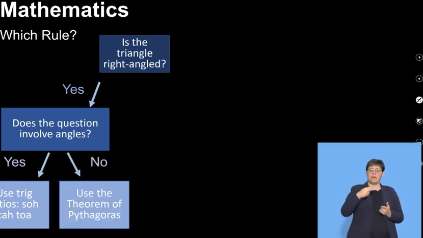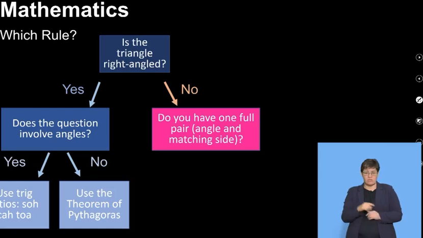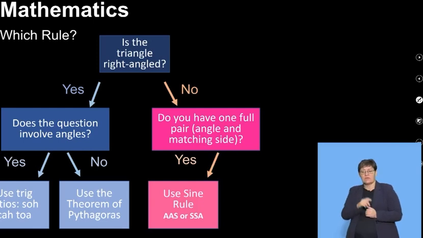And the grade 11 part is if the triangle is not right angled, the first question we ask: do we have one full pair, that means an angle and its opposite side? So are we given that? And if we're given that, then that means use the sine rule. And remember again, the sine rule is used when we have angle, angle, side, or side, side, angle, but not an included angle.